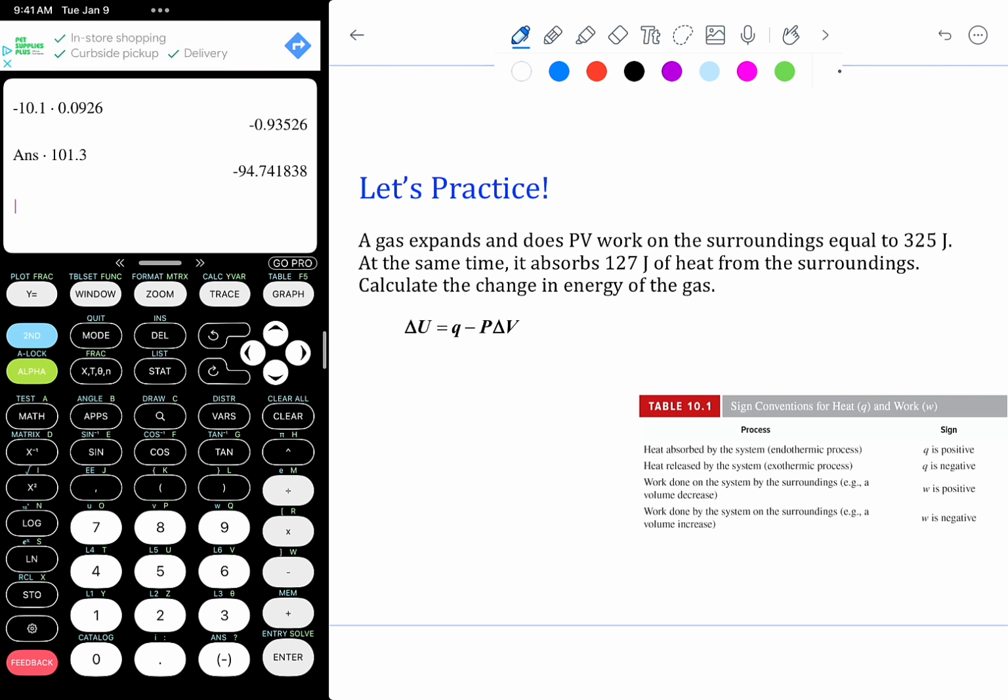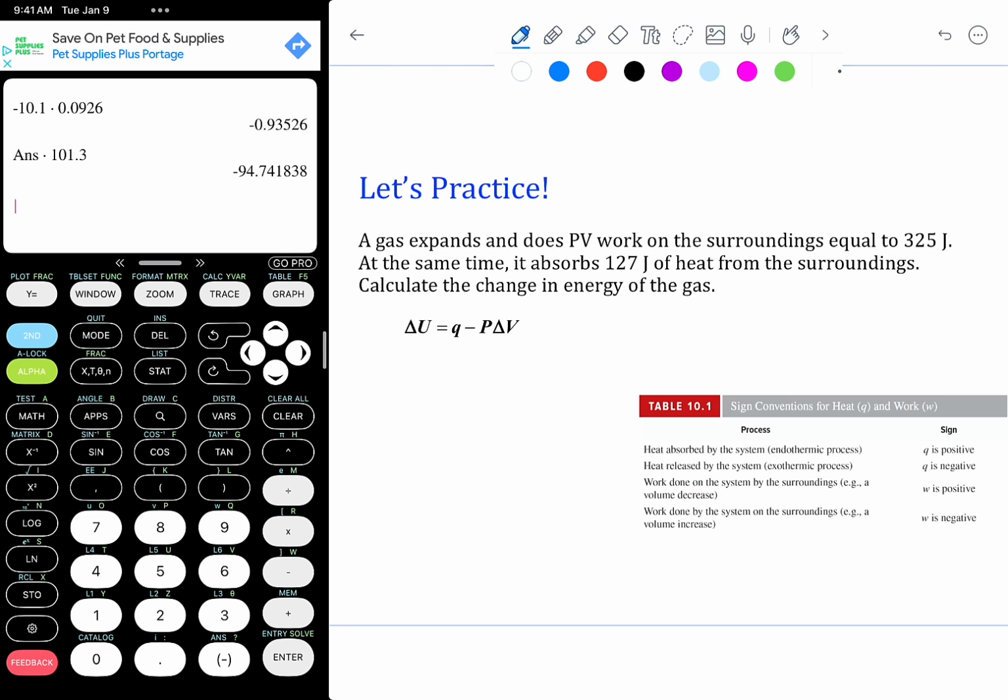So we want to calculate the change in energy of the gas. While we have many different expressions that we could use, such as delta U equals Q minus P delta V, Q is equal to delta U plus P delta V, delta U is equal to Q plus W, they're all related to each other. So no matter which equation you use, you'll find the same answer.